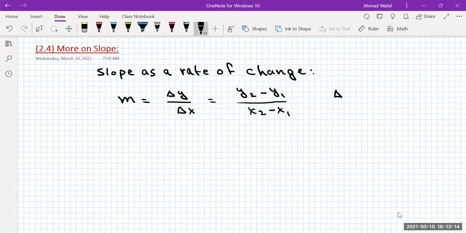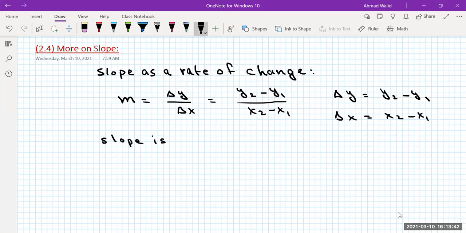Delta y, I told you in some books, means change in y. When you are writing y2 minus y1, this is change in y. Delta x means x2 minus x1, change in x. Now, slope is actually a ratio of change.